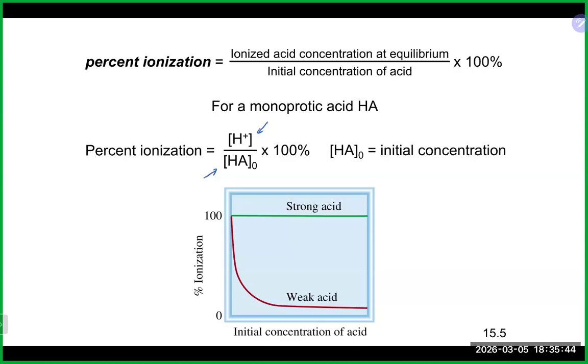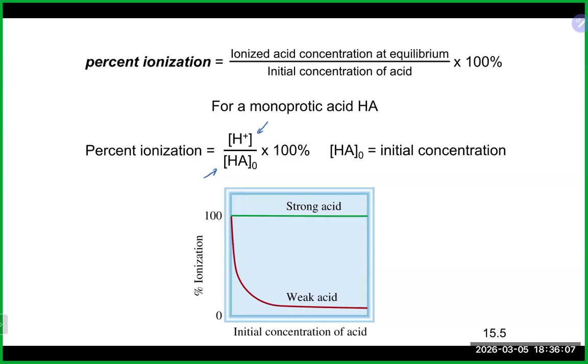The way that we calculate percent ionization is actually the exact same calculation we do to check our assumption. So when you check your assumption, you're actually calculating the percent ionization of that acid or base. The H plus is our x value divided by the initial concentration times 100.